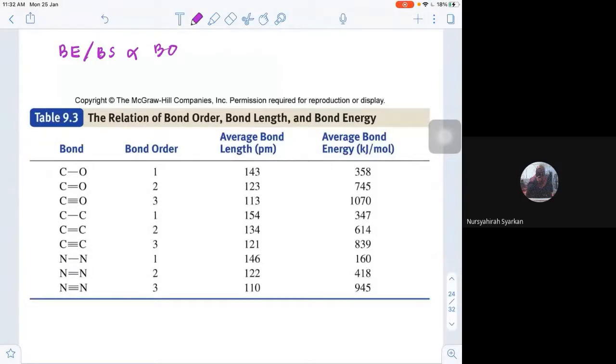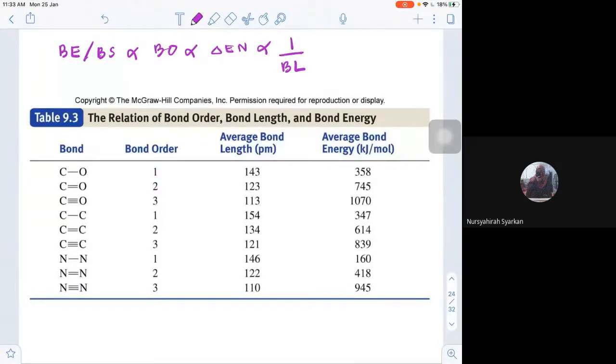Means that the higher the order, the stronger the bond. It is also directly proportional to the delta E, the difference in electronegativity. The higher the difference in their electronegativity, the stronger the bond. The stronger the bond, the more energy that is needed. And then it is inversely proportional to the bond length.